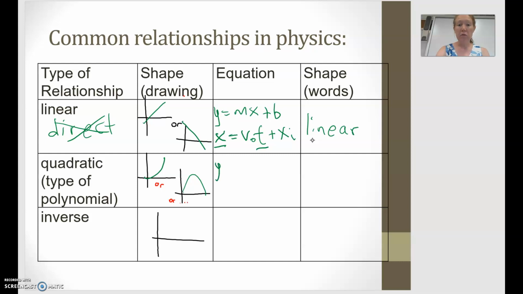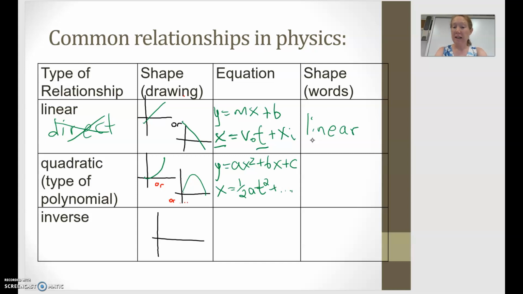And in math, you learned y equals ax squared plus bx plus c. But again, in physics, we're going to substitute letters that stand for what they're measuring. So if we were talking about where this thing is with respect to time, if time is squared, then you might have something like 1/2 a t squared plus and so on.